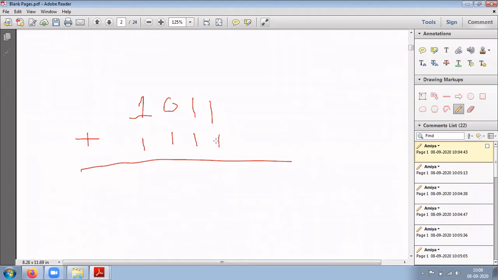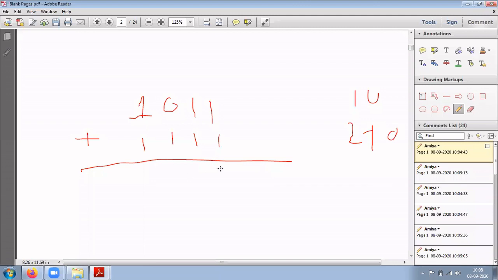Now tell me, 1 plus 1 is how much? 10. Out of 10 means 1 0, right? Or otherwise I can say 1 plus 1 is 2. Out of 2, that is 2 plus 0, right?